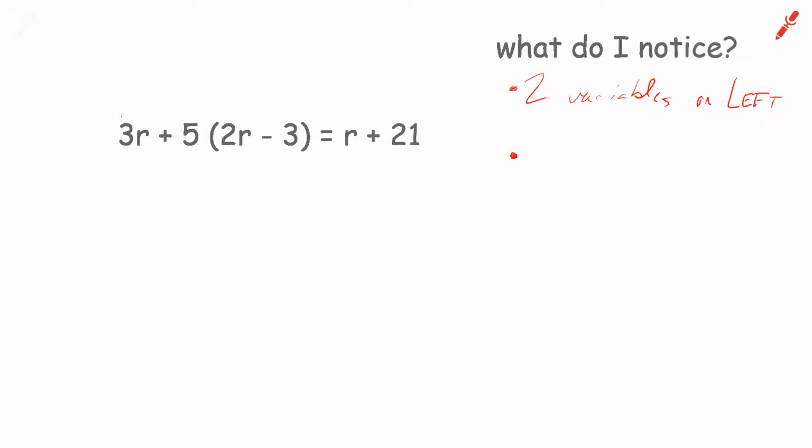And the other piece that just jumps out at me right away is I've got variables on both sides. So we're going to take this piece by piece, and we're just going to break it apart, work through it, and make sure we know what the heck we're doing.